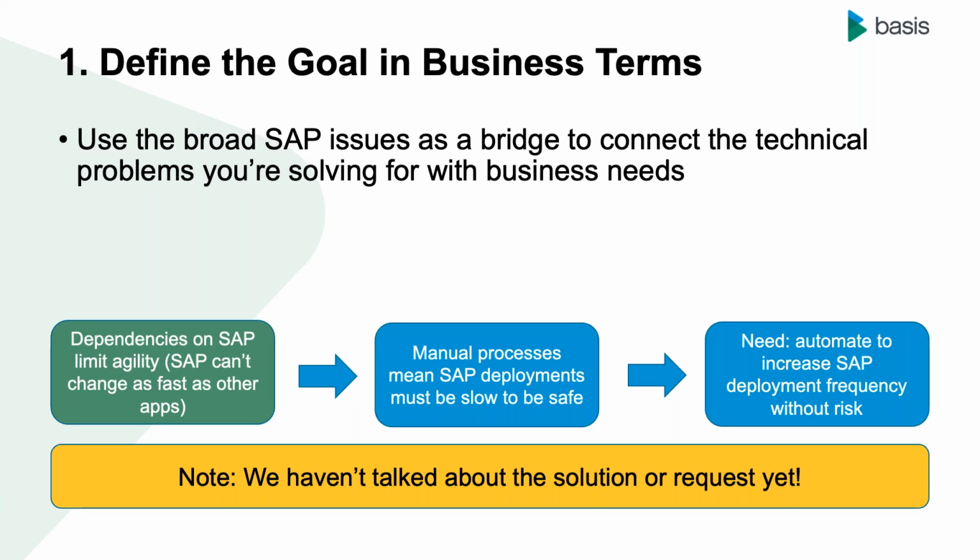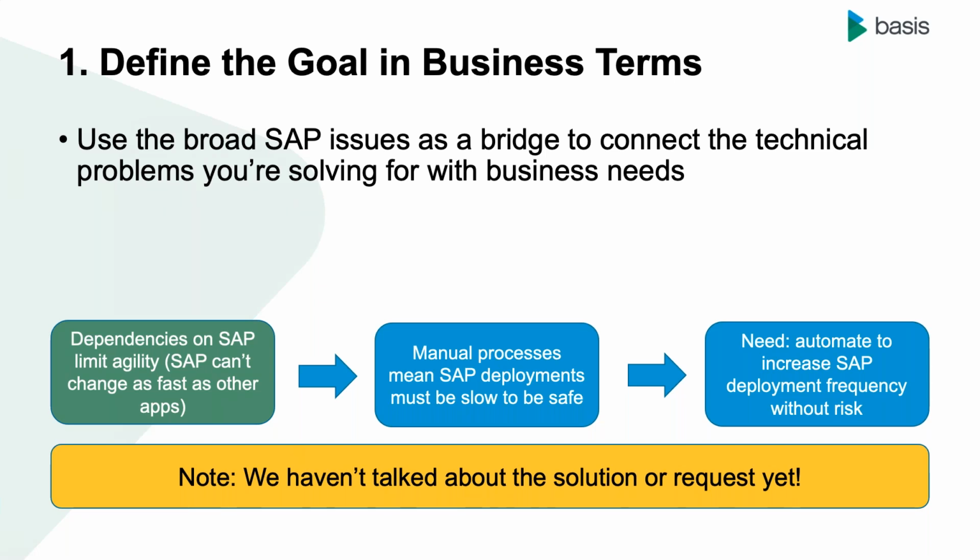And one of the key findings, or one of the key ways in which that could be addressed, would be to automate parts of that process in order to increase the SAP deployment frequency without increasing the risk, or if anything, at the same time as reducing the risk.